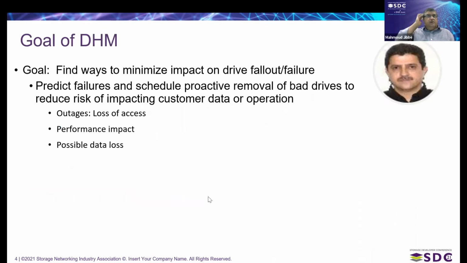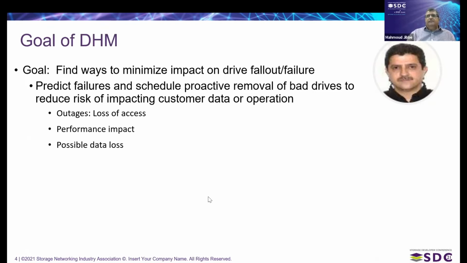And what is the goal? Of course, the goal is to minimize or reduce the fallout, the annual failure rate, and we can do that by predicting the failures and informing the user to schedule an activity where they can proactively remove the bad drive, so that they can avoid outages and avoid the risk of impacting customer data and operation, with customers running their applications.